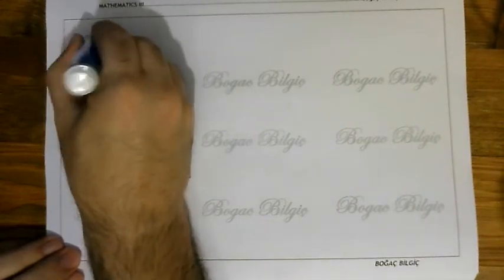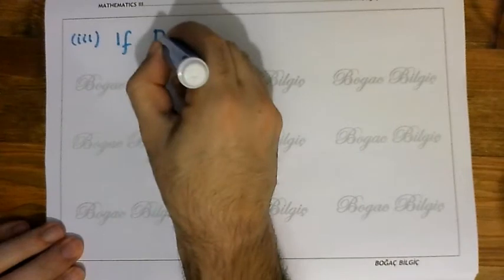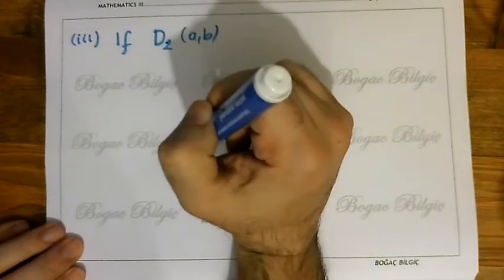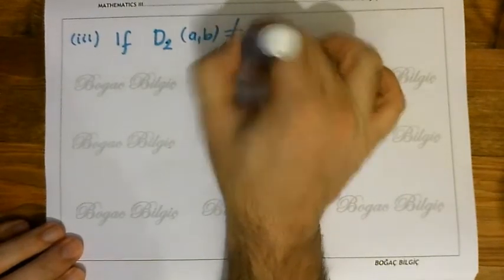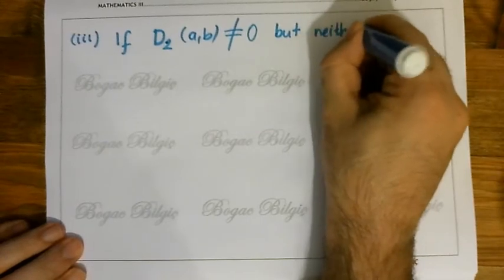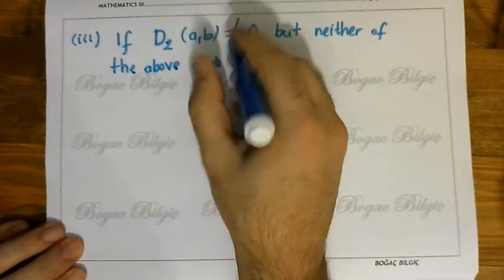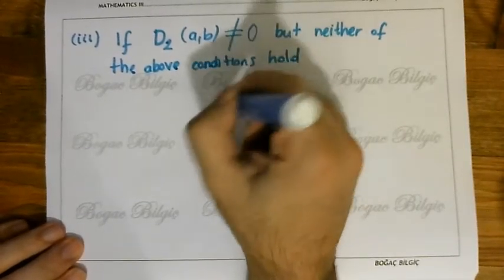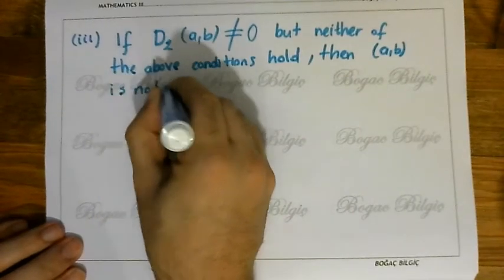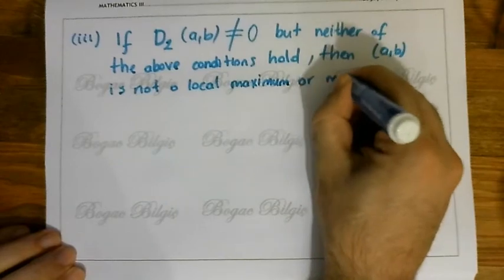Three. If D2 at the point (a,b) is not equal to 0, but neither of the above conditions hold, then the point (a,b) is not a local maximum or minimum.